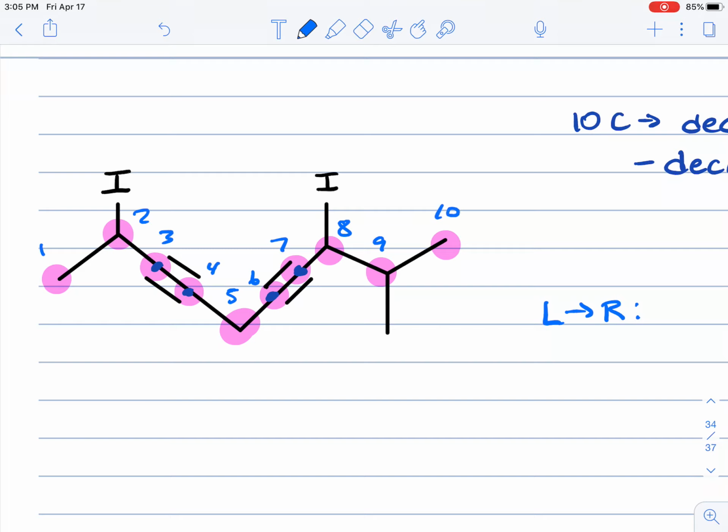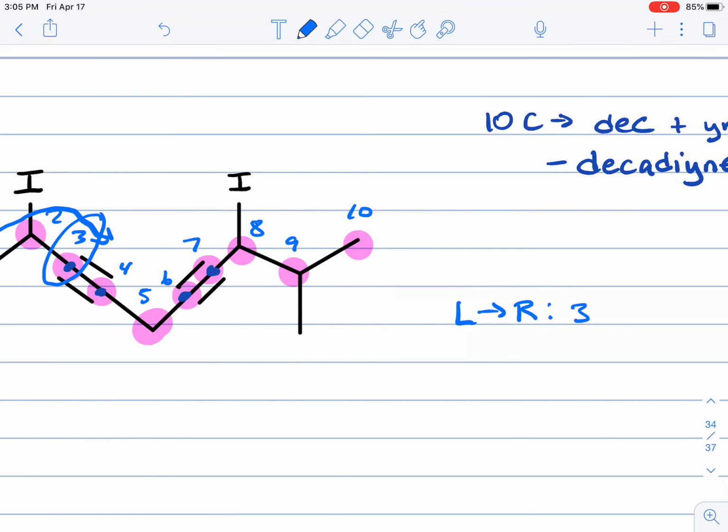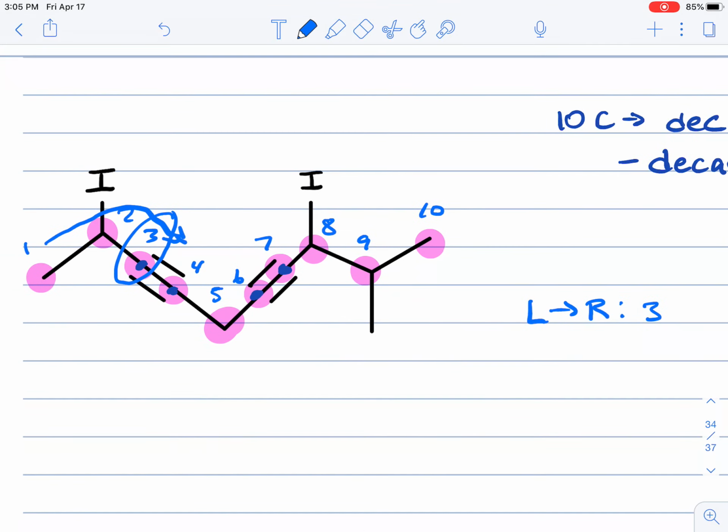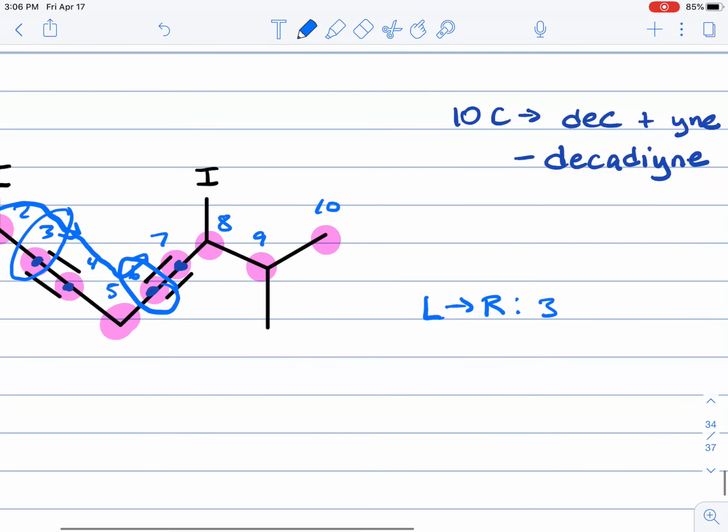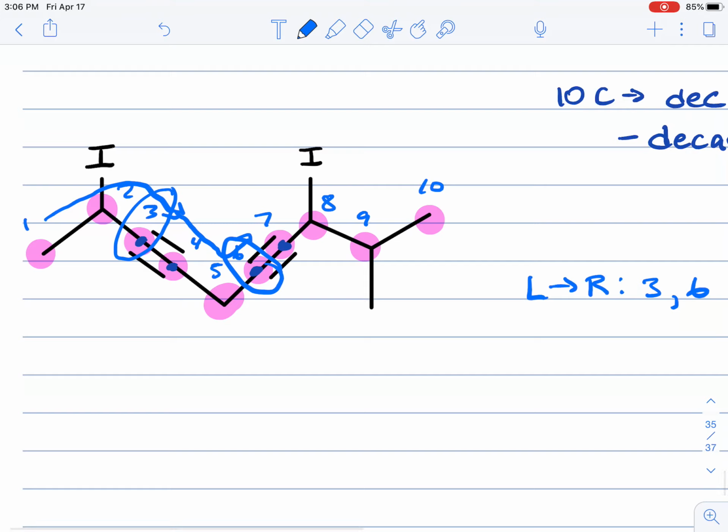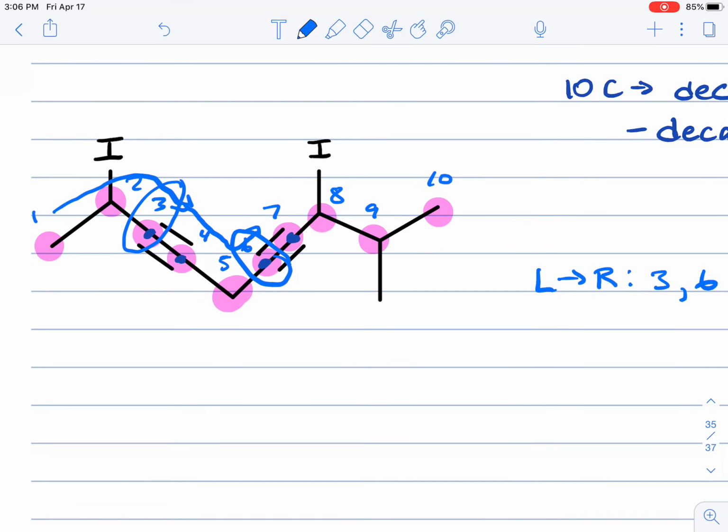Going from left to right, when I hit 3, my triple bond starts. If I keep moving over, at carbon 6 I hit another triple bond. So 3 and 6 are the carbons where the triple bonds start forming.